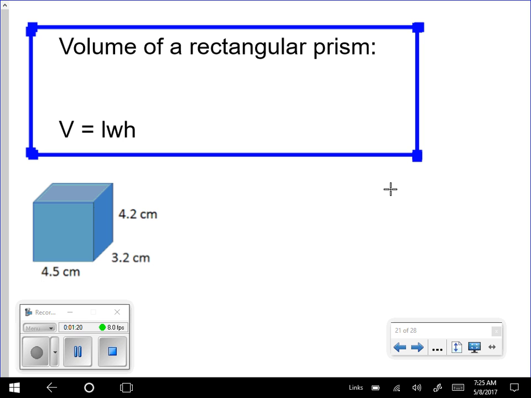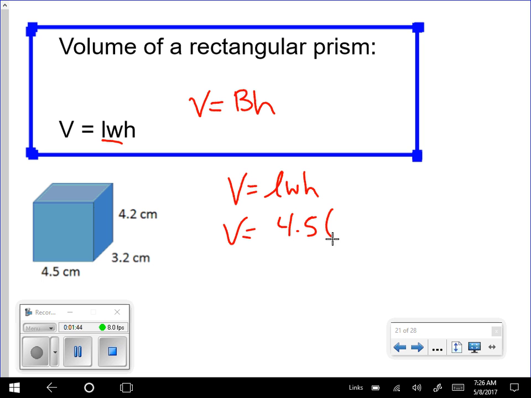So when we're working with volume of a rectangular prism, really what we have is the area of the base, which is length times width, times the height of the prism. So we're just going to follow our formula, length times width times height. Our length being, we'll call it 4.5, the width being 3.2, and then the height of the prism here is 4.2.